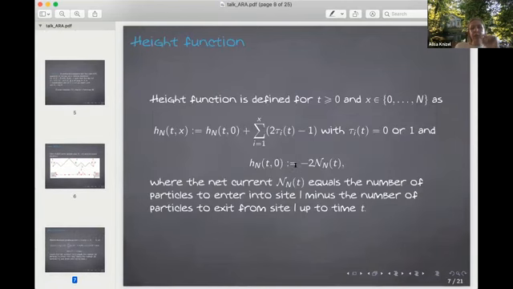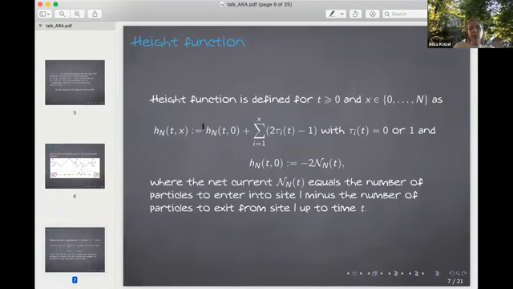Okay, so formally, this height function can be defined in the following way. For t, the time variable, greater than 0, and the location, so we also include the location 0, from 0 to n, we define it in the following way. The variables tau_it are the so-called occupancy variables. They are equal to 0 or 1, depending on whether the particle is present or not.